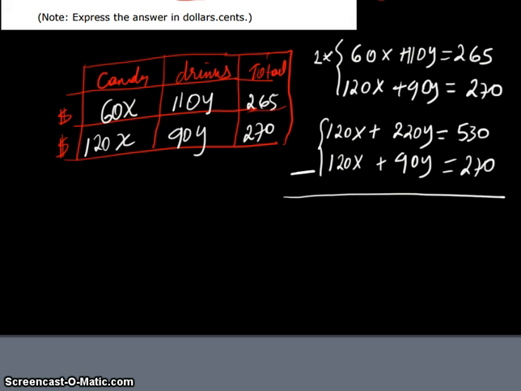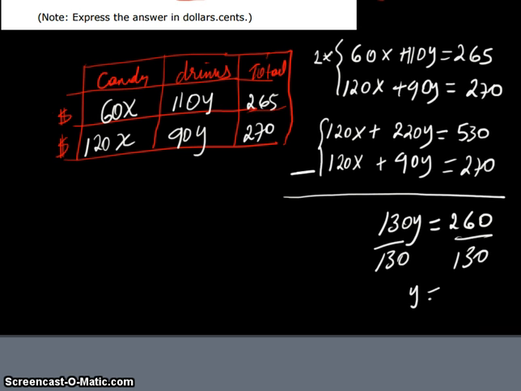When you subtract 90 from 220, we get 130y equals, when we subtract 270 from 530, we get 260, and then we can divide both sides by 130, and we get y equals 2.